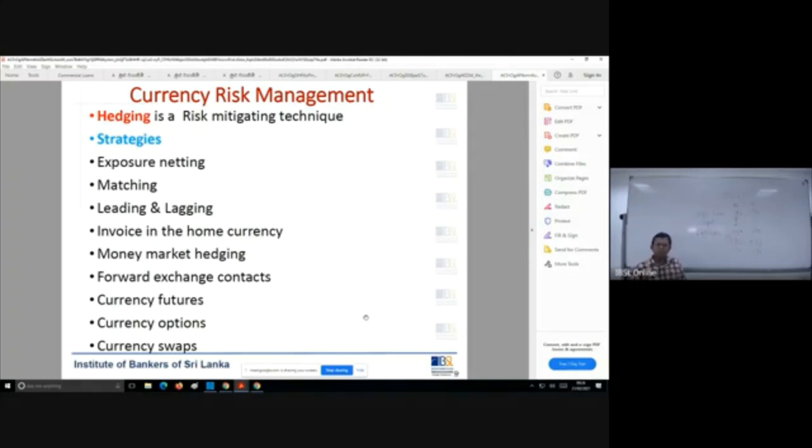Very difficult to do this, even with the same supplier. Now you have supplied goods to a guy in India, and you imported essential goods from the same supplier in India. Can you do the netting? It's very difficult. You have to do two separate transactions. So that's why it's very difficult to implement the internal hedging mechanism.